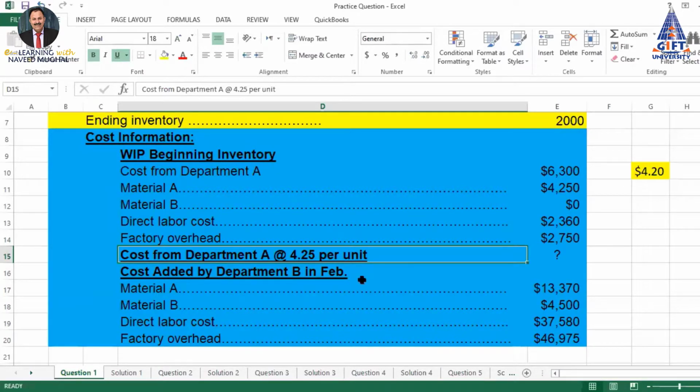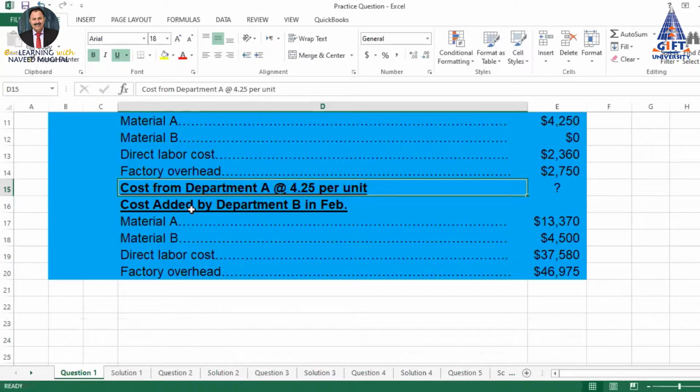It is different. So we will have an average cost of the prior department in this period as well. The format I use will resolve this problem of average costing in our question. You will see that the problem is easily solved in our format.